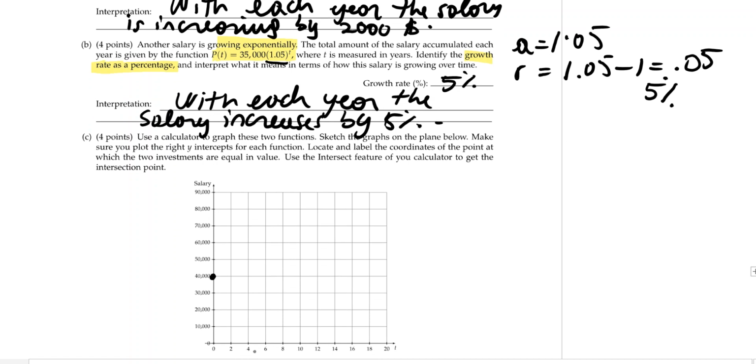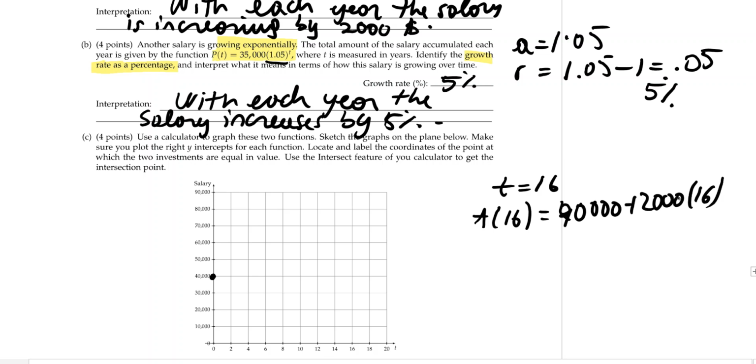let's see another point. Let's see what is another point, 16. When t is 16, after 16 years, your salary would be 40,000 plus 2,000 times 16.